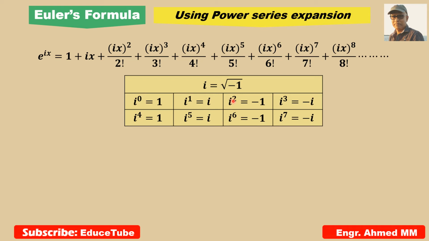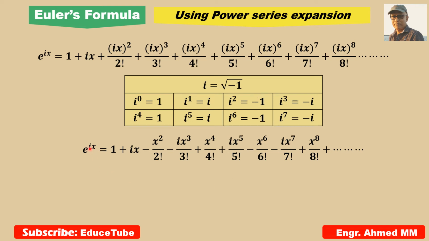If it is squared, it will be minus 1. If it is cubed, it will be minus i. In this way, I calculated i to the power 5, it is i. i to the power 6 is minus 1. i to the power 7 is minus i. So all these terms I have to put in this series. Let's see what it comes to.